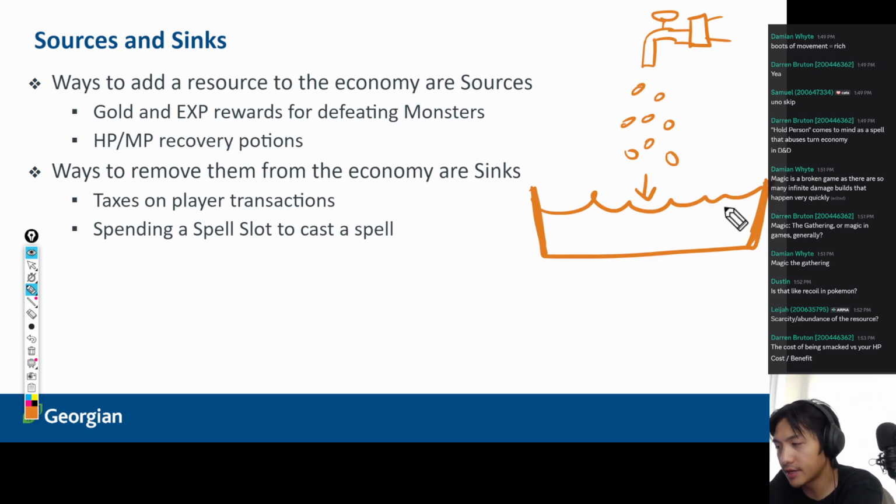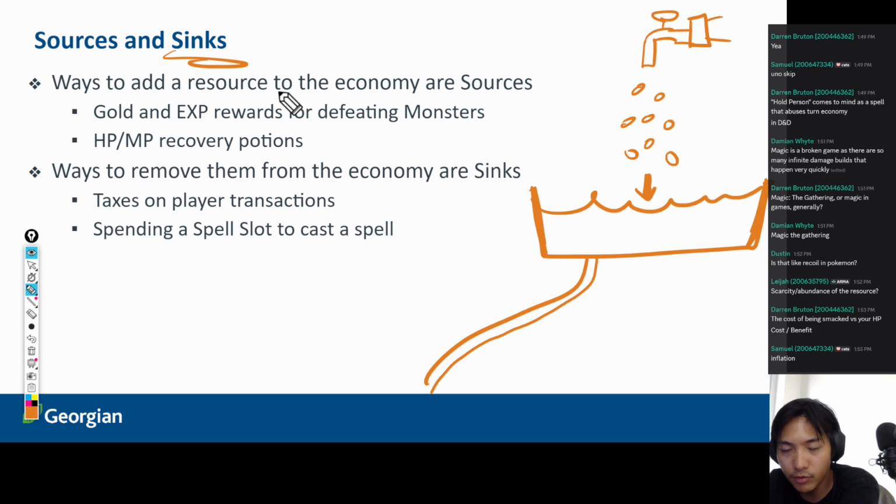You want to have a relatively stable supply. You might want a relatively stable supply that is growing, but you don't want growth that you can't control, because then you will have big problems. We'll talk about what those problems can be as well. So you want to have sinks. Sinks are anything that removes this resource from the economy.